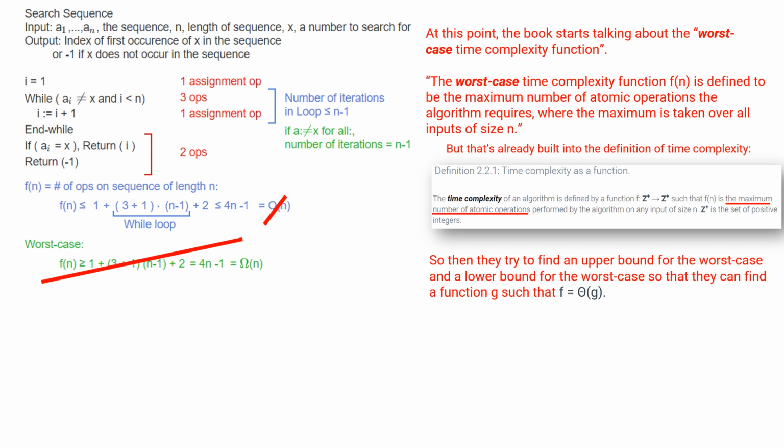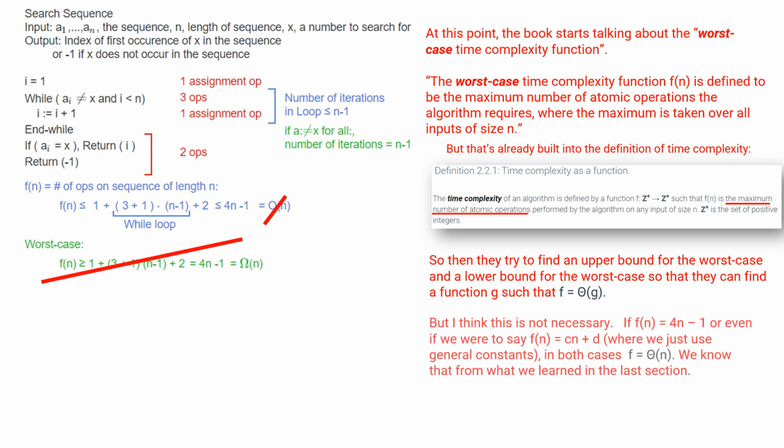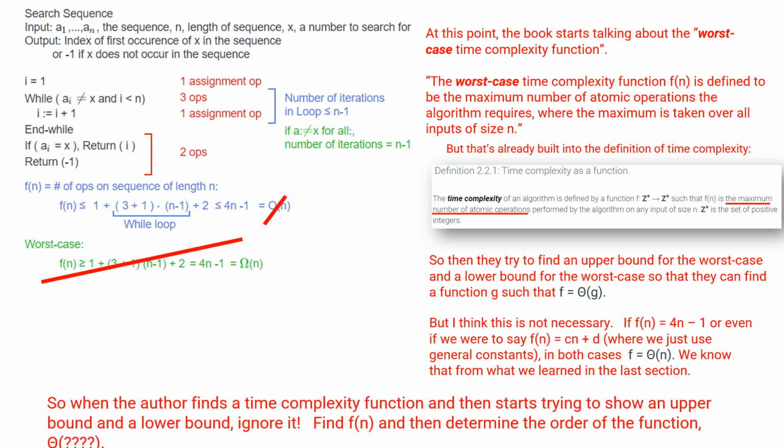When they try to find an upper bound for the worst case and a lower bound for the worst case, so that they can find a function that's the actual order, just ignore that. When the author finds a time complexity function and then starts to try to show an upper bound and a lower bound, ignore it.